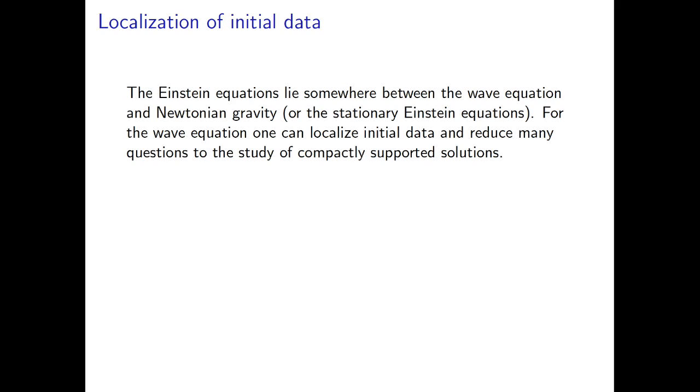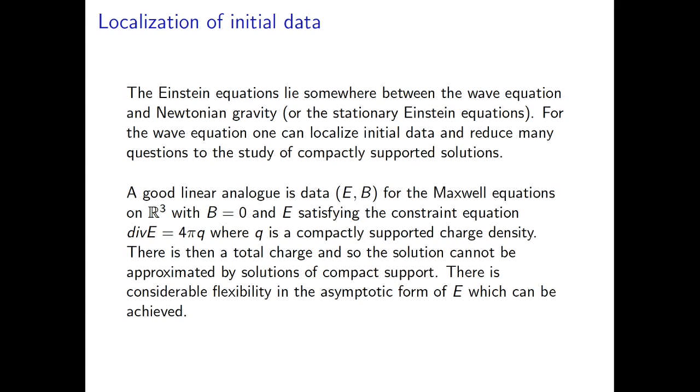With the Einstein equations, we have this additional set of equations we have to solve. So we can't expect to actually make the solutions trivial at infinity. But in fact, there's a good linear analog of it.